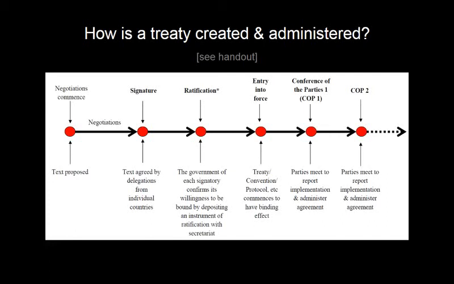So that's entry into force, and once it enters into force, the countries that have ratified it are bound by it. A country that signed it but not ratified it isn't bound by it. Again, UNCLOS is a good example. Australia and China, for instance, have ratified it, and so they're bound by the United Nations Convention on the Law of the Sea.